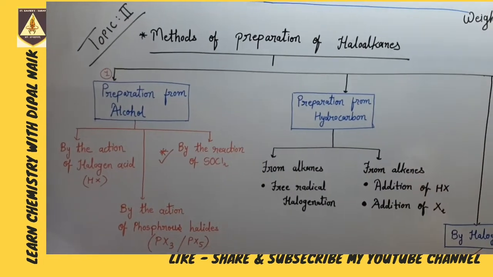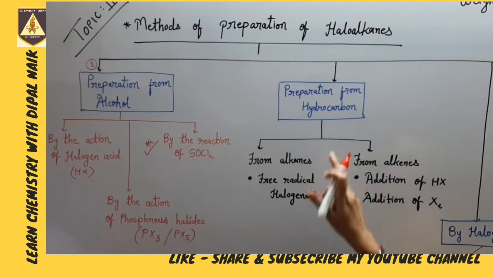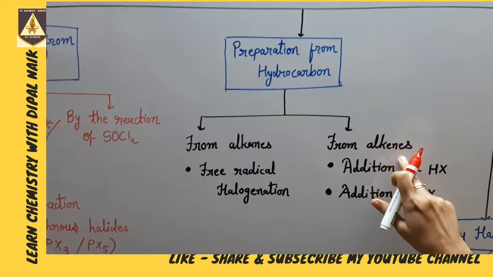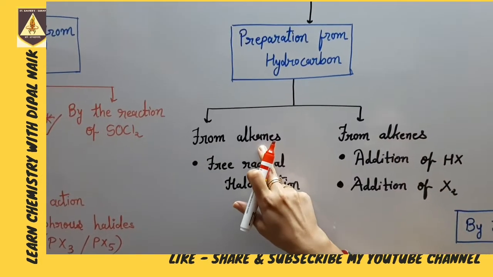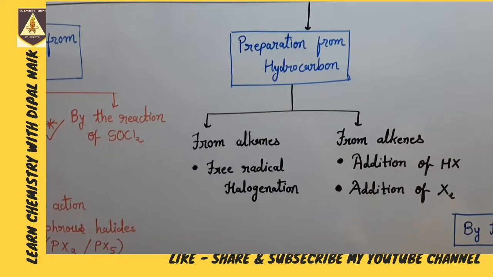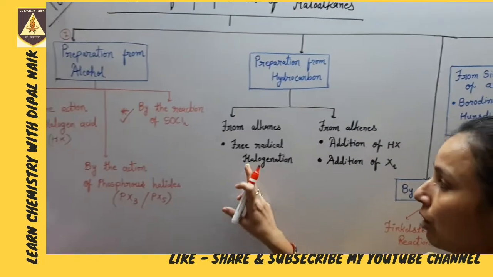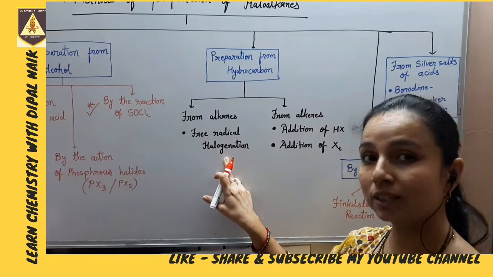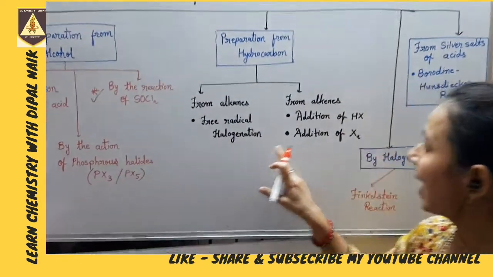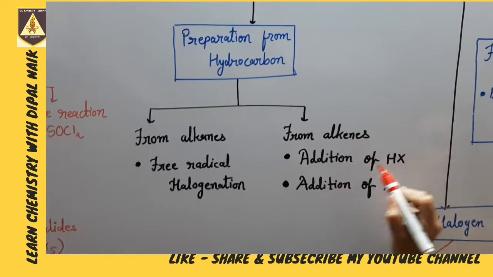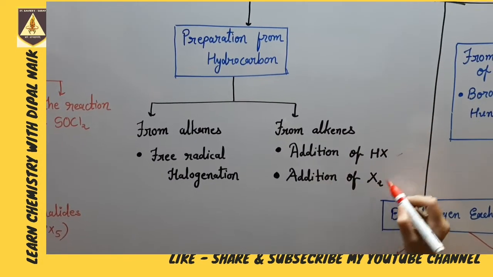Second, preparation from hydrocarbon. Here we prepare haloalkanes from alkanes and alkenes. As you know, alkanes are saturated hydrocarbons, so here we use free radical halogenation, that is a substitution reaction, and alkenes are unsaturated hydrocarbons, so here we use addition of HX and addition of X2.